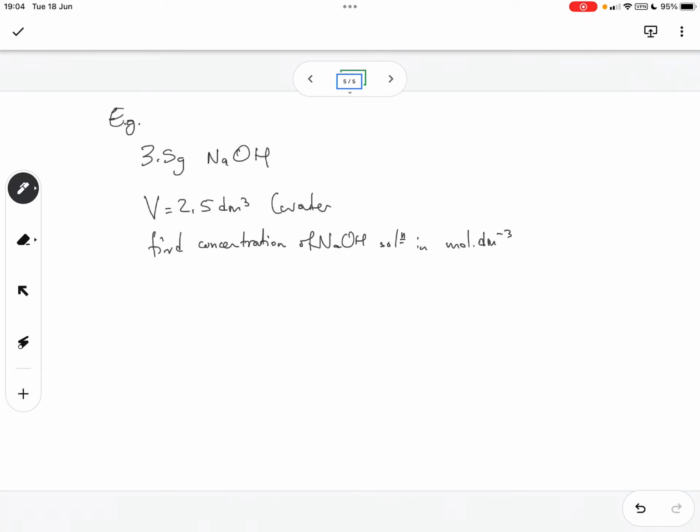So we must find the concentration, and the first thing that we start with is the number of moles equals mass over molar mass, and this equals 3.5 grams divided by 40.01 grams per mole.